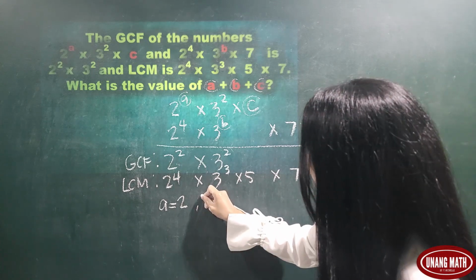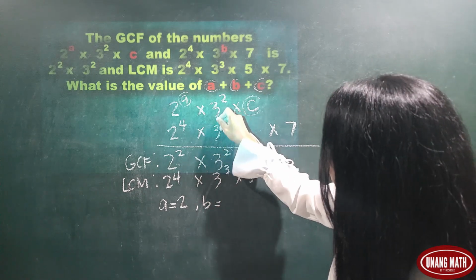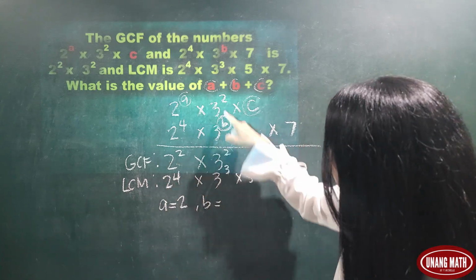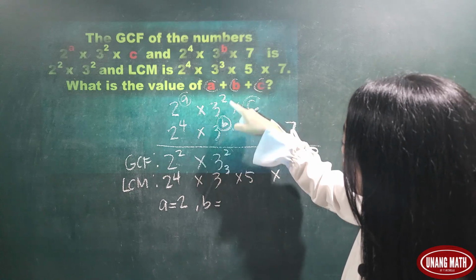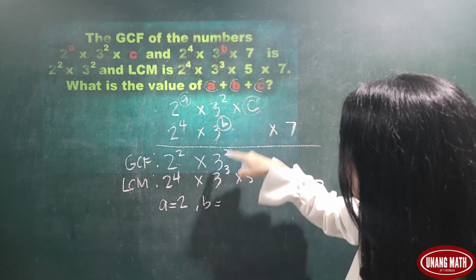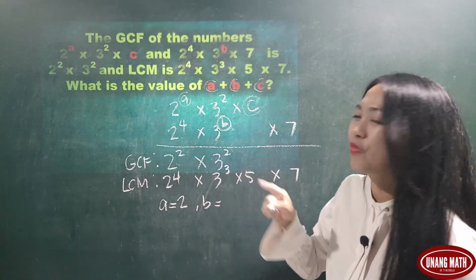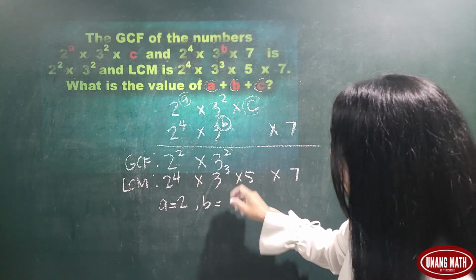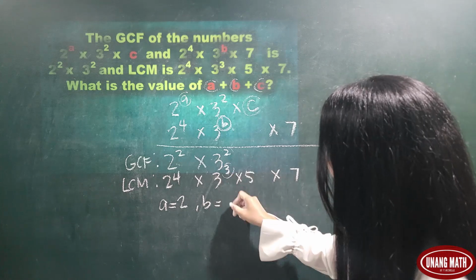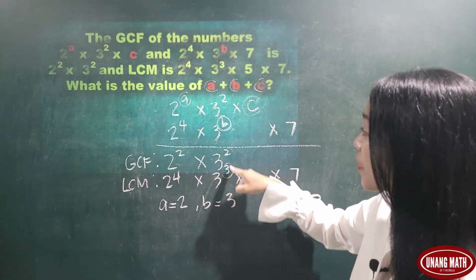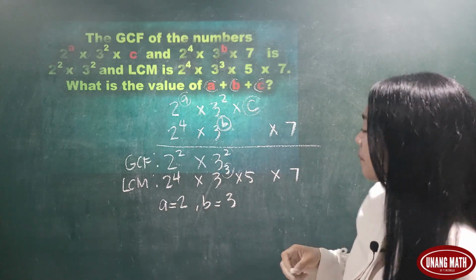Next, how about B? The LCM here among 3 raised to the power of 2 and 3 raised to the power of B is 3 raised to the power of 3. So B is 3, because 3 raised to the power of 3 is higher than 3 squared.